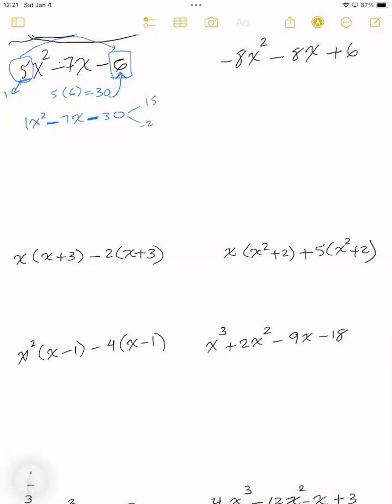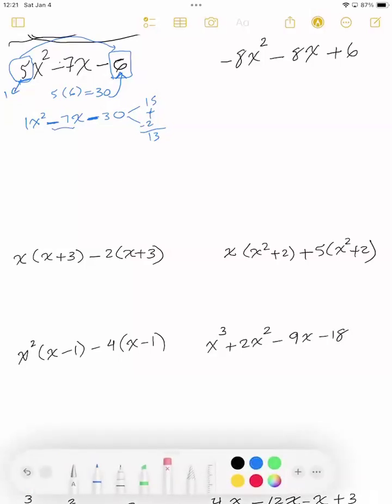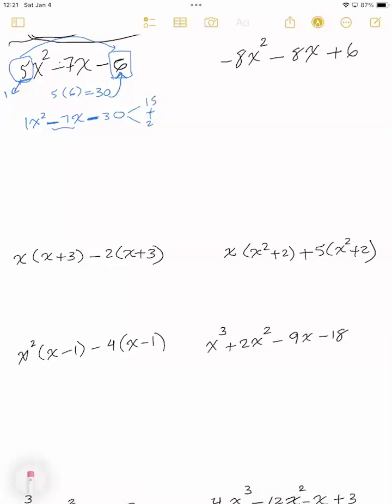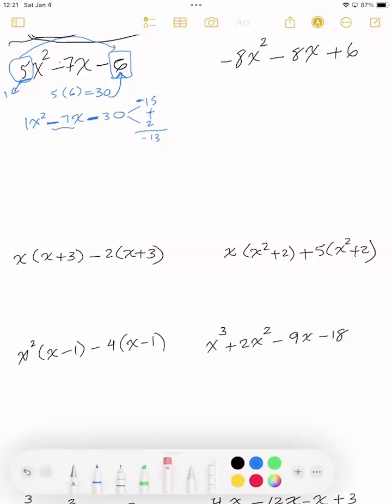That gives me negative 30. But when I add them, I end up subtracting, I get 13, and this is negative 7. So that doesn't work. If I change this one to negative and this one to positive, since one number is negative, one number is positive, I add them, I get negative 13, or you end up subtracting and you get negative 13, so it doesn't work.